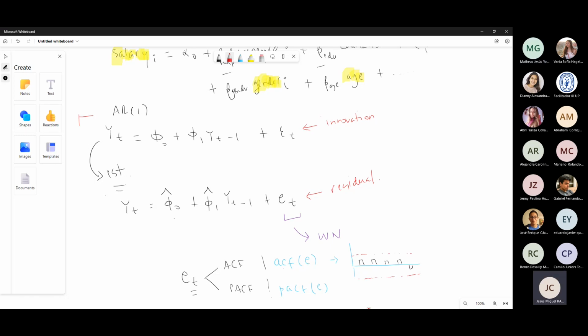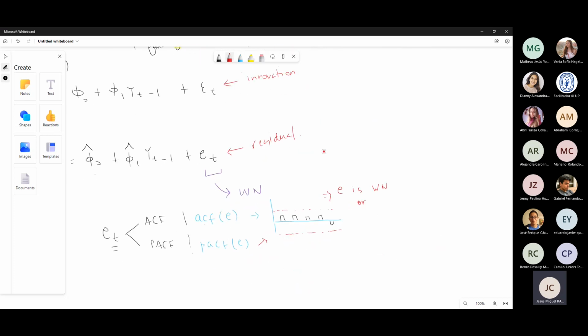You have to check that these guys are between the confidence interval. And the same here. And then you will say, okay, it is white noise. Or, because this is an individual test, you can run the joint test, something like the Box test, on the residuals.